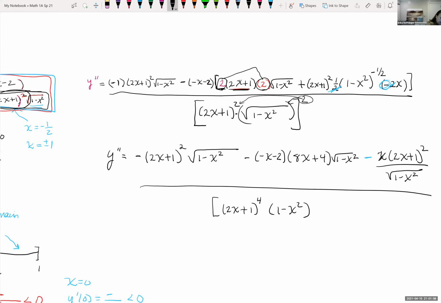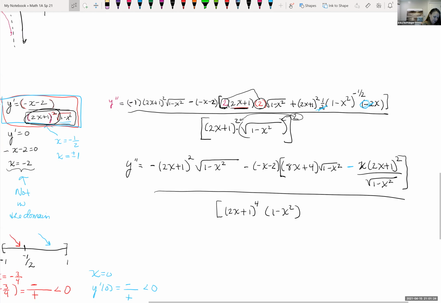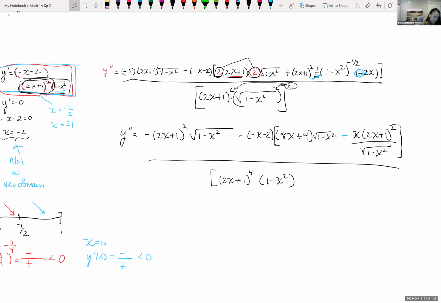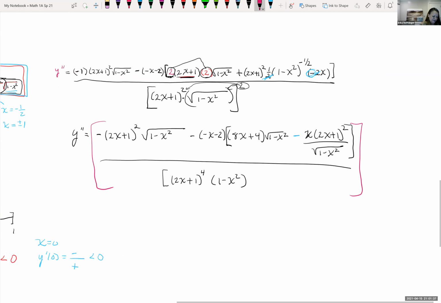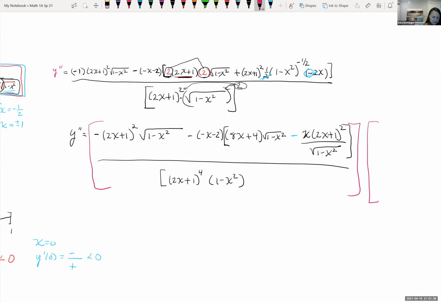And this piece is outside. Okay. So let's get rid of this complex fraction. Let's multiply by the square root of 1 minus x squared all over the square root of 1 minus x squared.